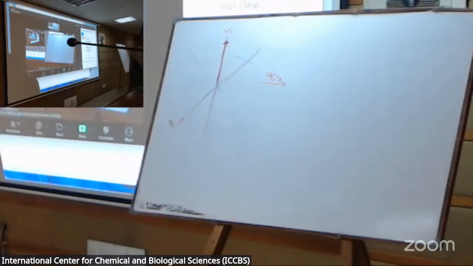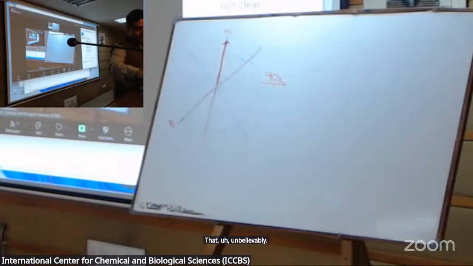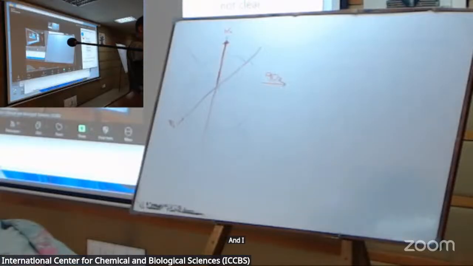If you apply the right hand rule to this radio frequency, apply the movement that we were talking about.